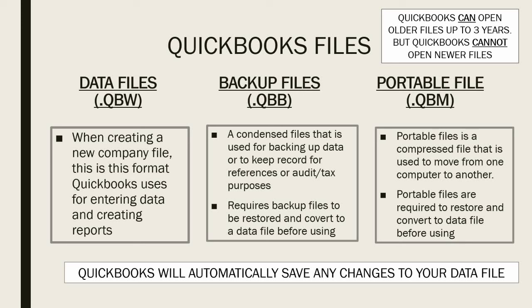So that's what a backup file does. It's just basically a backup copy of your working data file. So whenever you need access to it, you have it available at all times. Now this one's going to be, the file name is going to be QBB, right? B for backup, okay?